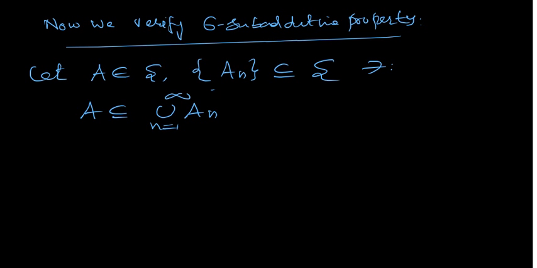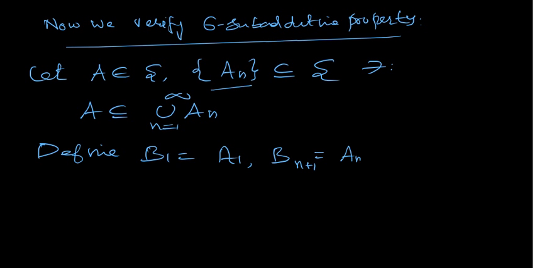This A_n is not a disjoint sequence, but we convert it into a disjoint sequence. We define B_1 equal to A_1, and in general we define B_{n+1} equal to A_{n+1} minus the union of A_i, i runs from 1 to n.